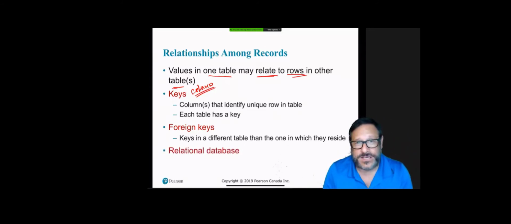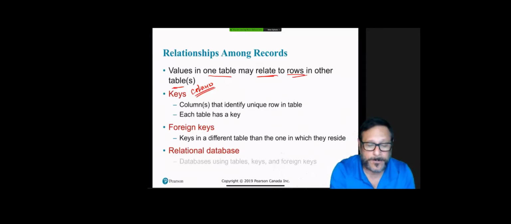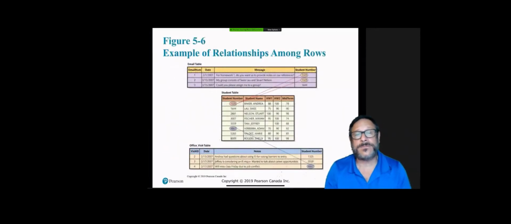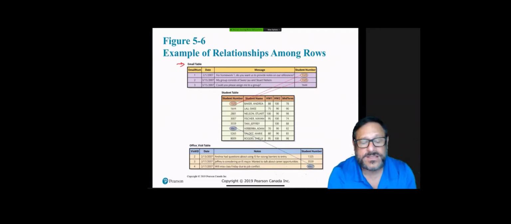Using this combination of primary keys and foreign keys, we're going to be able to create a relational database, a database where the tables are implicitly related to each other. Here is what I mean. Here is an example. I have 3 separate individual tables. One is a listing of all the emails I've received from students.